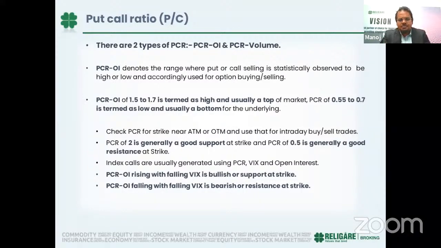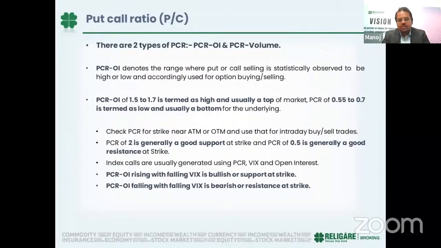So these are the simple scenarios. The underlying idea here is when the call open interest of the same strike becomes twice that of put, it's a resistance. And on the flip side, if you see the put option open interest being twice that of a call, then that scenario might become a support.